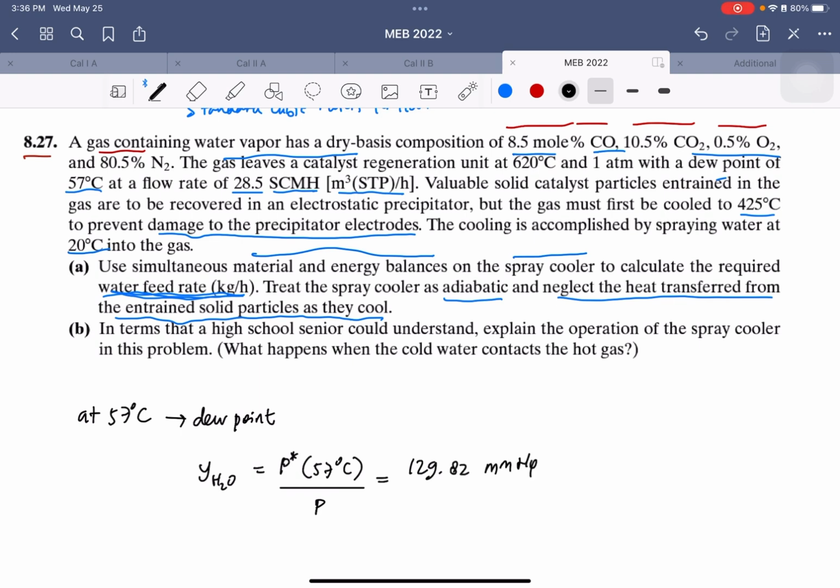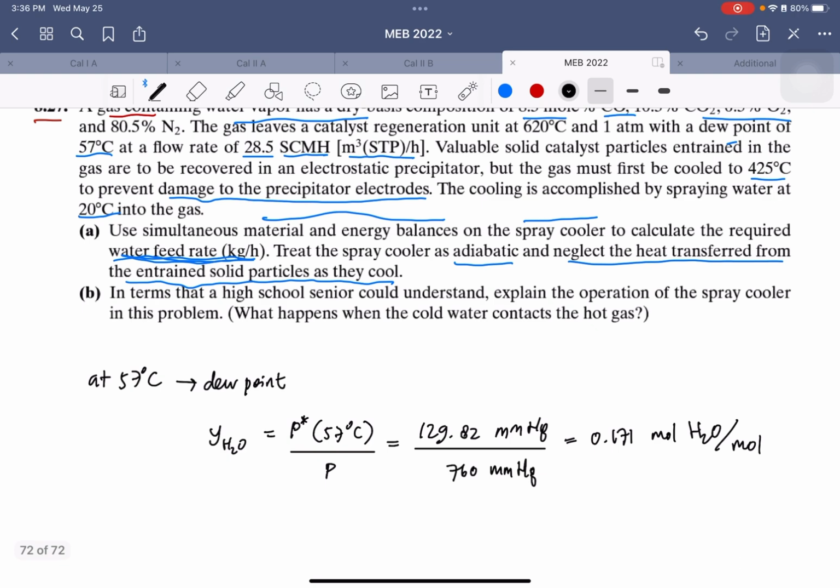So we get at 57 degrees Celsius, this is what we have. And we are having the mole of water per 1 mole. Okay, so we have a fraction of water as 0.171.